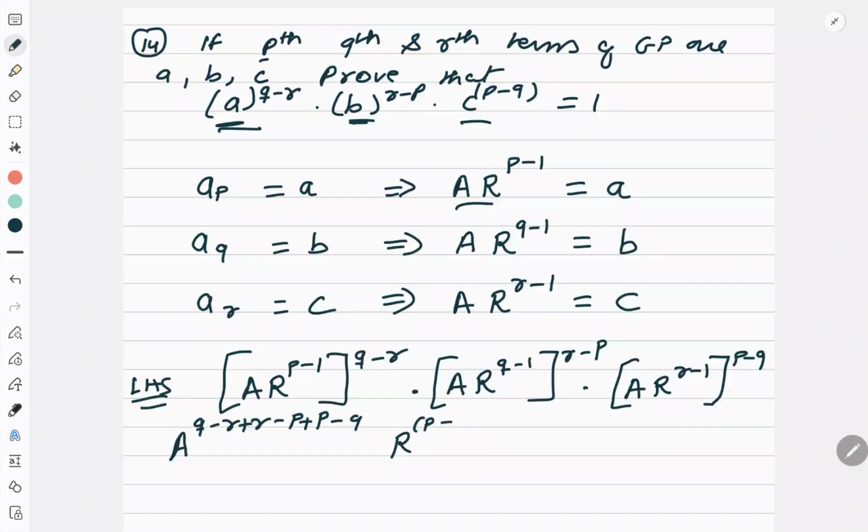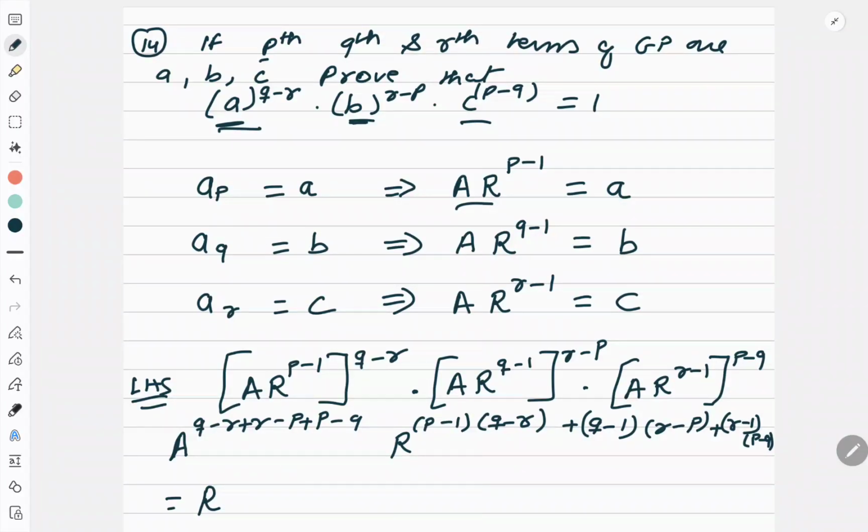The power of r is p minus 1 into q minus r, plus q minus 1 into r minus p, plus r minus 1 into p minus q. Right? Now a to the power 0, and we know anything to the power 0 is 1. So that is gone. So I only need to resolve the power of r.